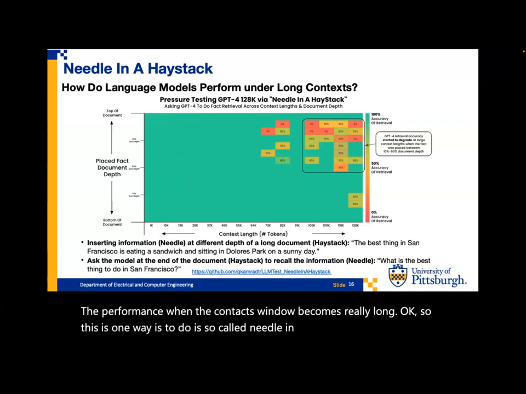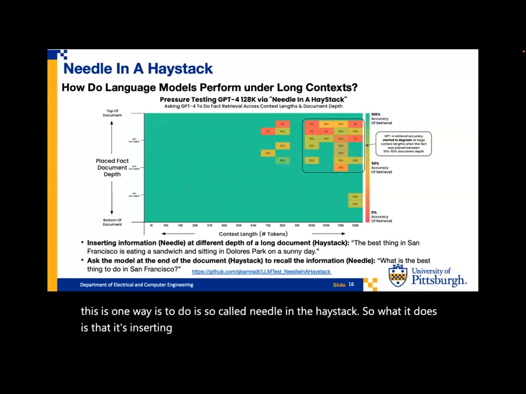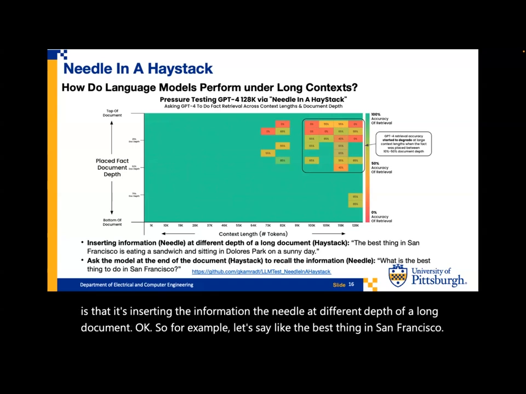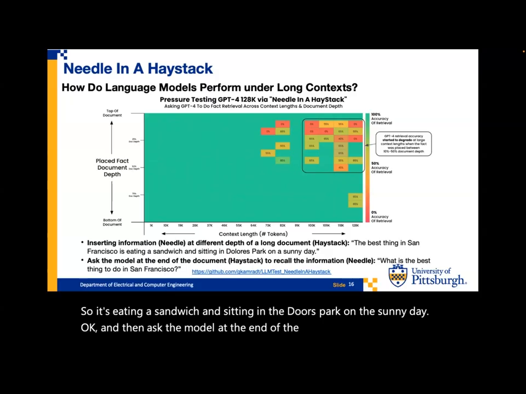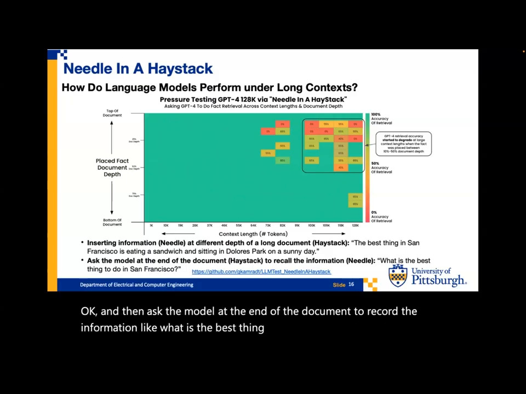What it does is insert the information, the needle, at different depths of a long document. For example, let's say the best thing in San Francisco is eating a sandwich and sitting in Dolores Park on a sunny day. Then we ask the model at the end of the document to recall the information, like what is the best thing to do in San Francisco.